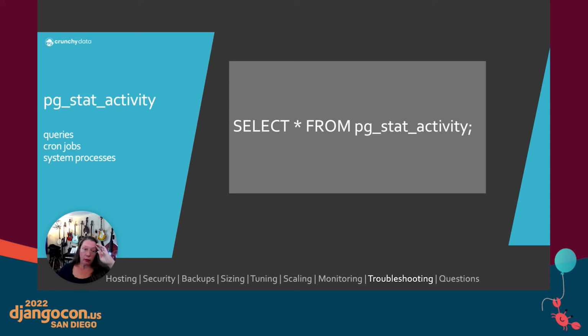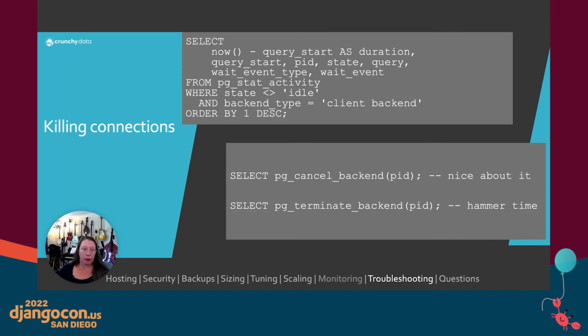And if you're trying to figure out what's running and something has locked things up and something isn't running right and you need to find it, this is where you're going to find that. Here's a query at the top to find in PG stat activity the ID of the actual activities and what's happening, and then the bottom 2 queries are how to cancel and terminate those queries.